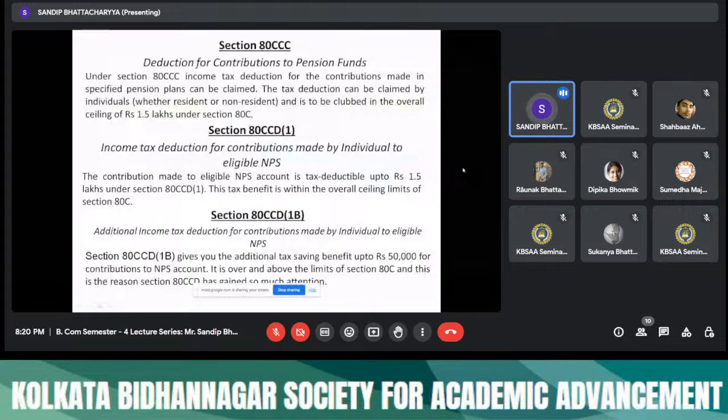Under section 80CCC of income tax deduction, if an individual, whether resident or non-resident, contributes to any pension scheme or pension fund, the maximum amount eligible is ₹1,50,000. So 80CCC tells us that if any amount is contributed by an individual to any pension fund, maximum ₹1,50,000 will be eligible.